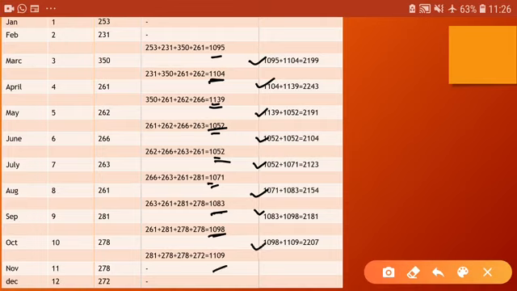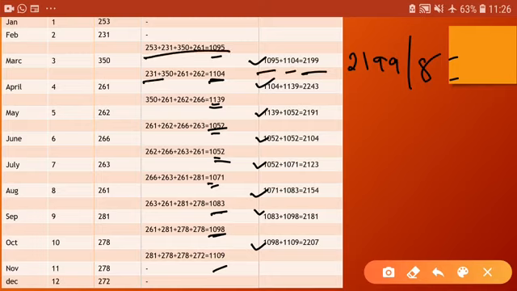Now this is the pairwise total, and I explained to you by which number we will divide it. We will divide these by 8. Why 8, sir? Because this 2199 is the total of 1095 and 1104. 1095 is the total of 4 years and 1104 is the total of 4 years. So total of 4 years plus total of 4 years is the total of 8 years.